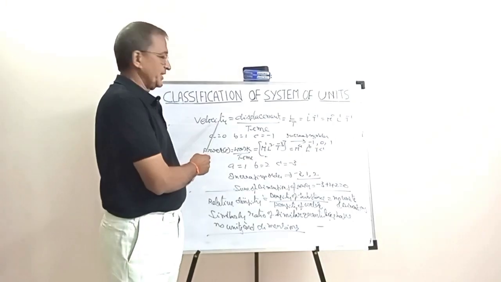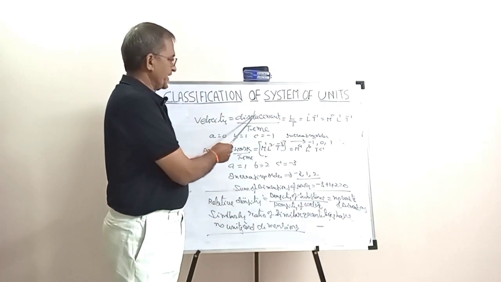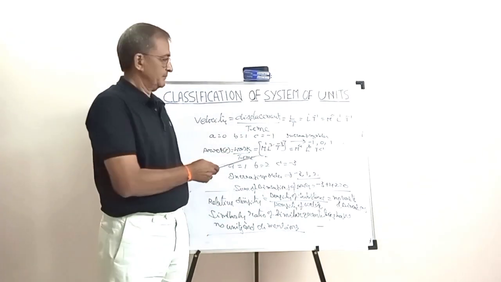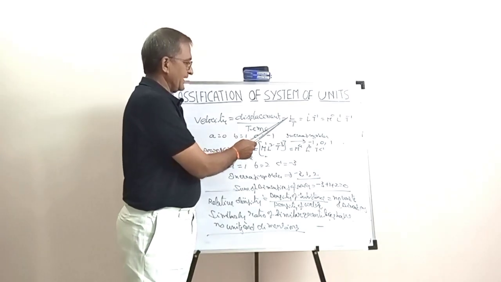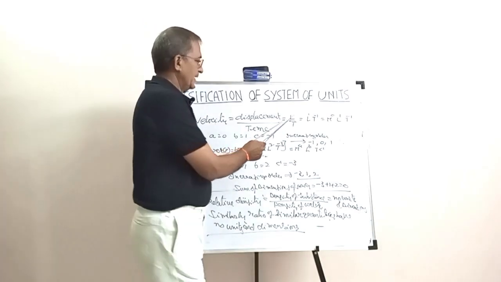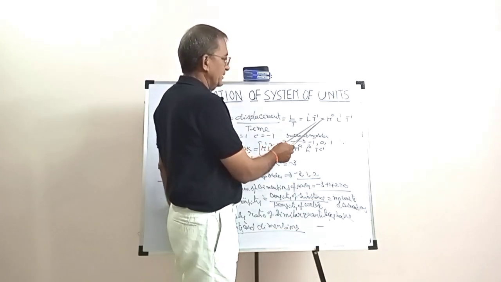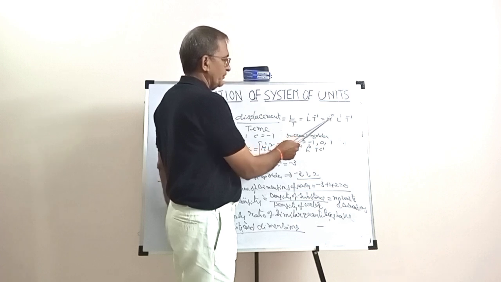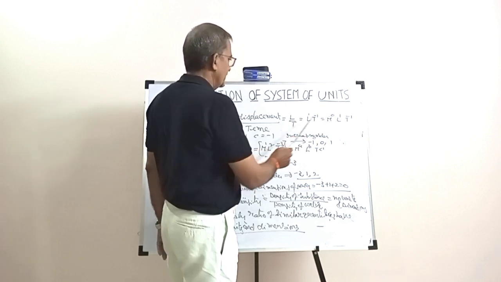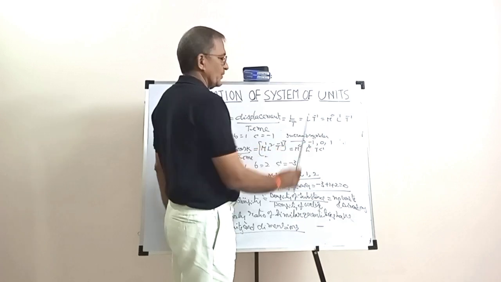if you take velocity, it is the ratio of displacement and time. That means displacement by time. Displacement is nothing but length, so there is power 1 here for length and time minus 1. Because there is no mass, we are putting 0 here. Therefore, the dimensional formula of velocity is m power 0, L power 1, t minus 1.